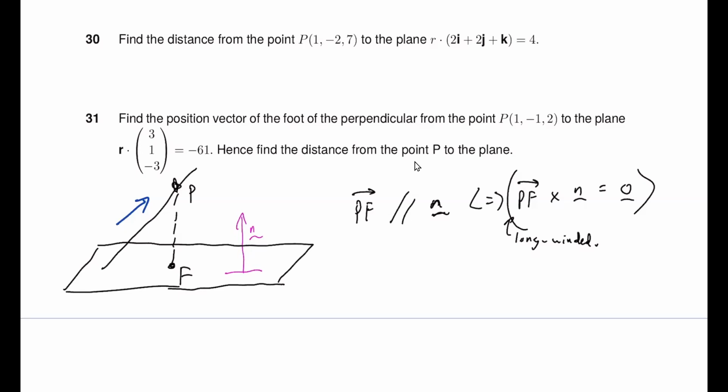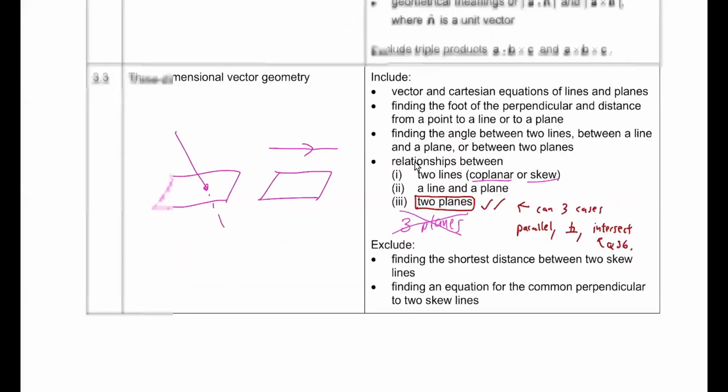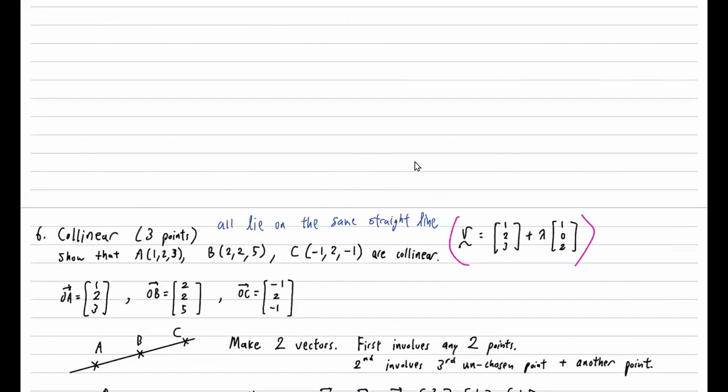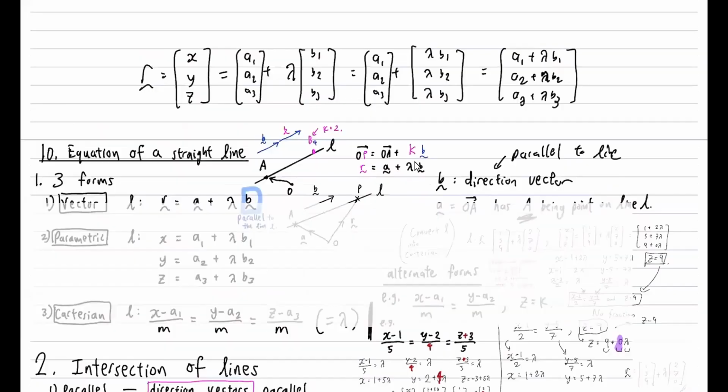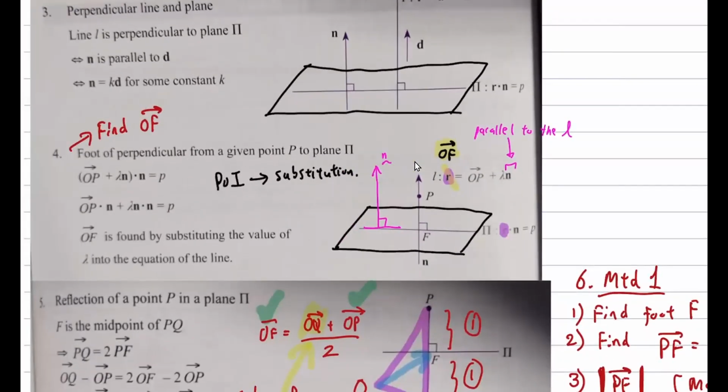So let's take a look. What do we want to find? Find the foot of the perpendicular. So let's look at the notes. What did we go through just now? Finding the foot of a perpendicular. So part 4, what is the procedure? A plus lambda B for some lambda. Yes. So in this case, it's actually OP plus lambda n.